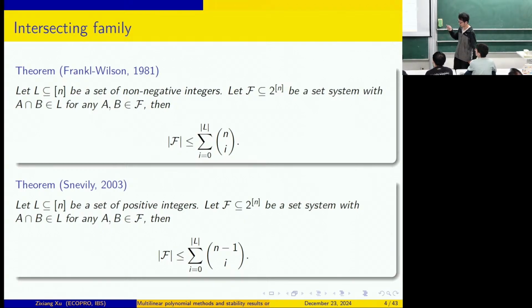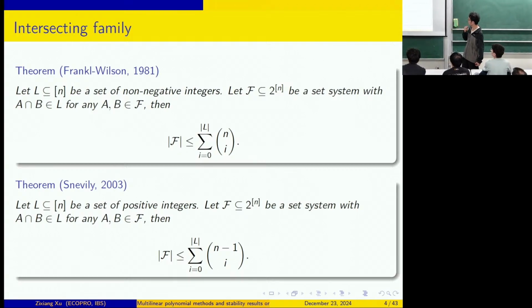So in the EKR theorem, we only require the intersection to be non-empty. But suppose we give more extra assumptions on the size of the intersection, for example, that the size of the intersection belongs to some certain subset L. Then what can we say about the size? More than 40 years ago, Frankl and Wilson studied this problem and provided such a clean-looking upper bound.